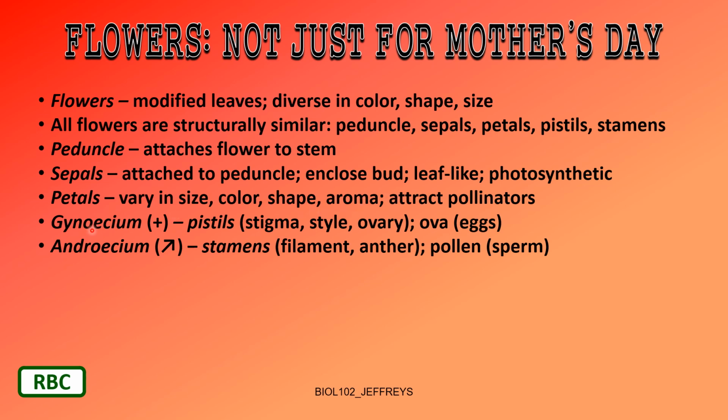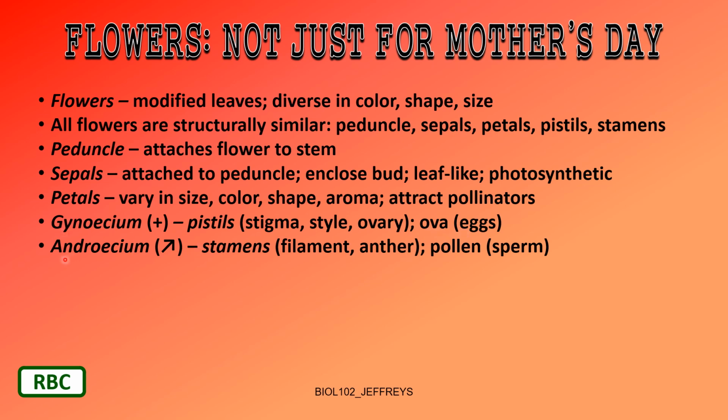Now, you have the gynoecium, which is the female structure of the flower. It consists of what we call pistils. And a pistil is made up of a stigma, a style, and an ovary. And that ovary produces ova, which, as you know now, are eggs.